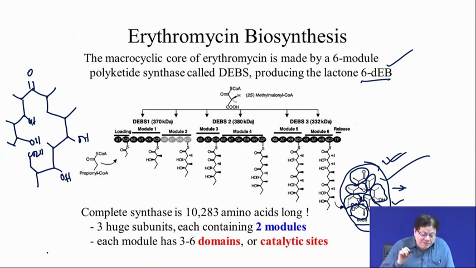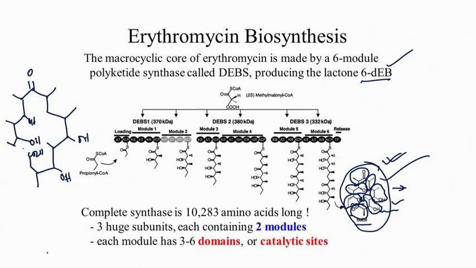Now, I can write what are the enzyme components in different modules. First of all, how many modules it should have, that is number 1, apart from the loading module which is separate. There should be 6 modules, because 6 extension units are here. What are those 6 extension units?